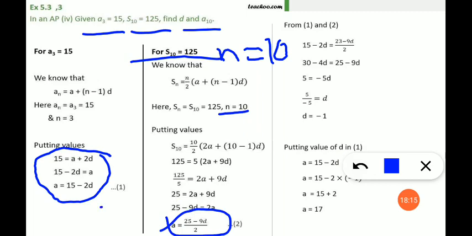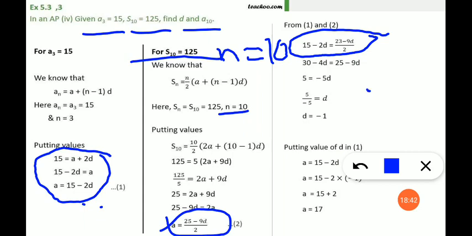Now equation 1 and equation 2 both are the values of a, so they must be equal. Hence from equations 1 and 2 we get 15 minus 2d is equal to 23 minus 9d. Now this is an equation in one variable, that is d, and we know how to solve an equation in one variable.